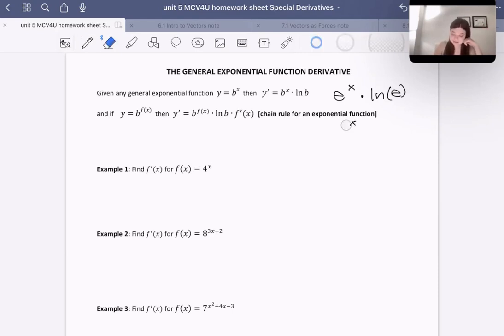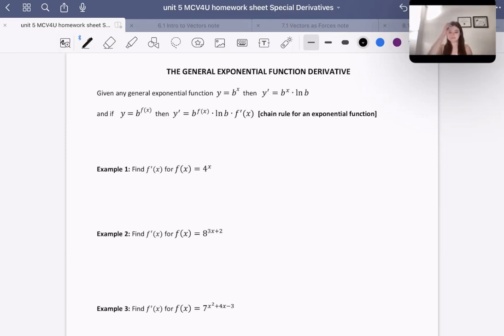So we can still apply this rule to e, it's just that we end up getting the same thing. Whereas for general exponential functions, we need to multiply by ln of the base. So b denotes the base in this situation.